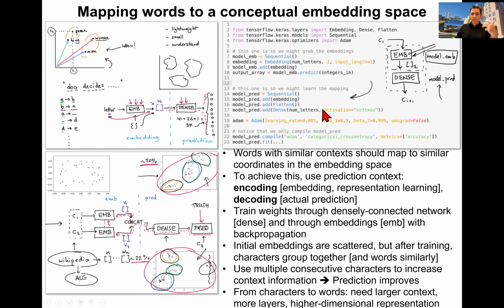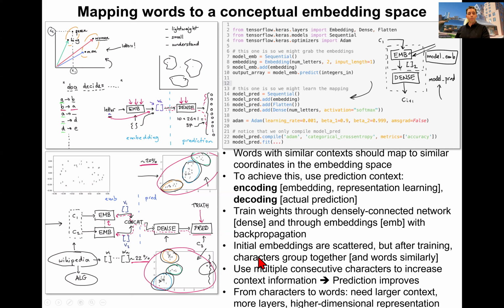I can start adding this information and constructing this clustering of numbers in this way. Then we can encode using the embedding and the representation learning, and decode to make the actual prediction. I can train the weights through this very densely connected network in the latent representation space, and then through the embeddings with backpropagation.